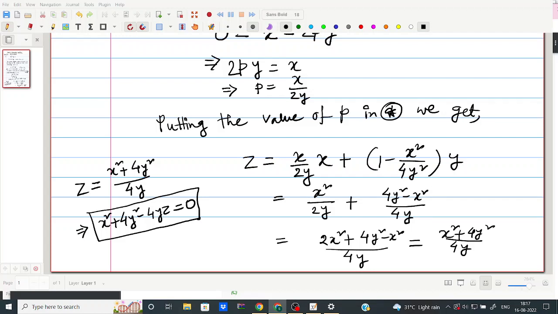Family of possible tangent planes at any point x0, y0, z0 is given by which equation, you know? You don't know, I think. No, you know or don't know?